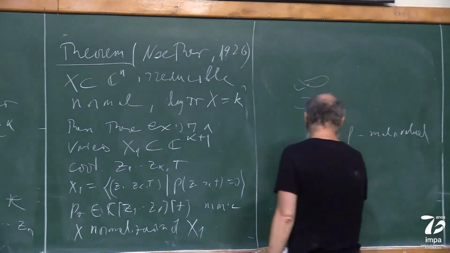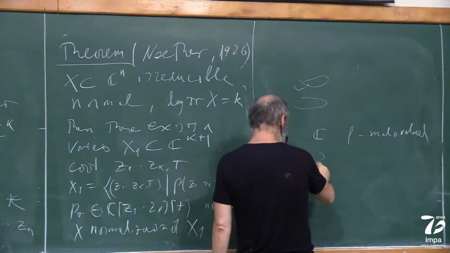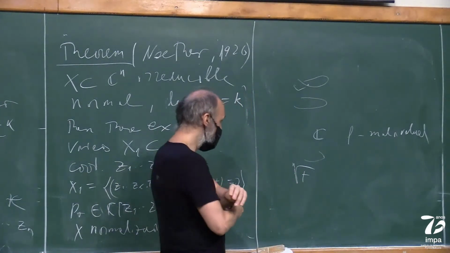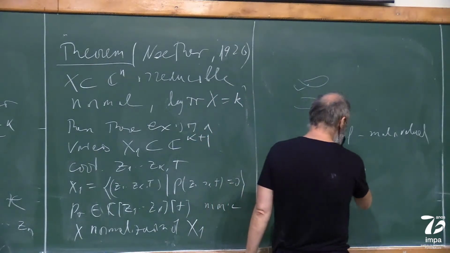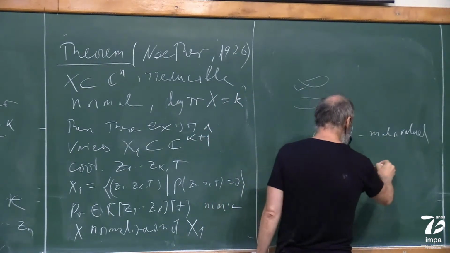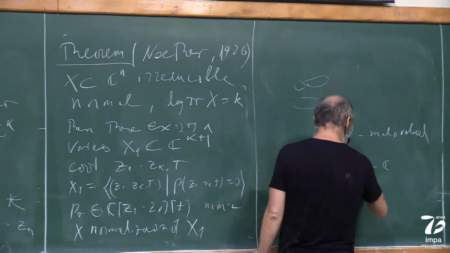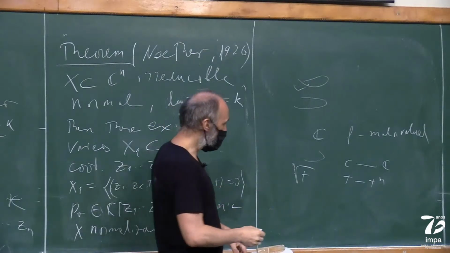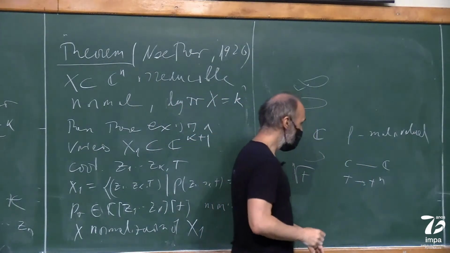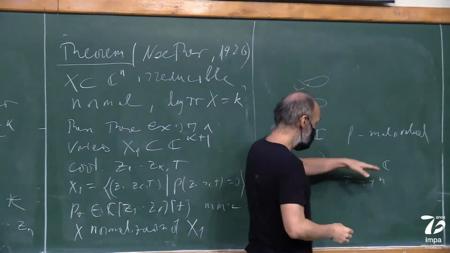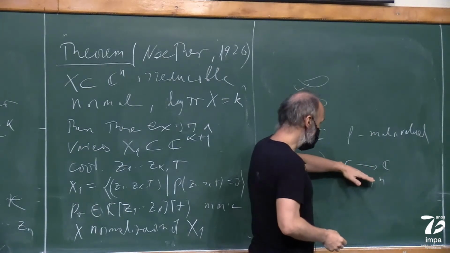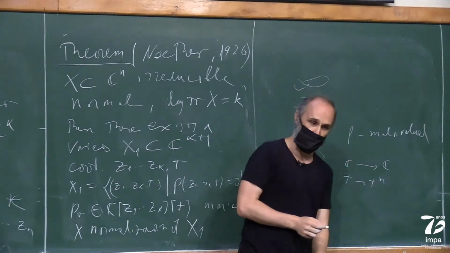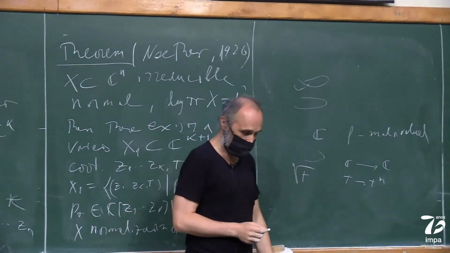A typical example is you take a Riemann surface for the nth root of t. The corresponding map is just a map from C to C, taking t to t to the power n. So the corresponding n to 1 map is a Riemann surface for this multivalued function.